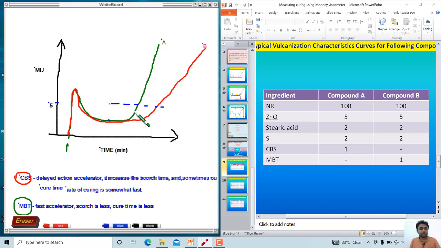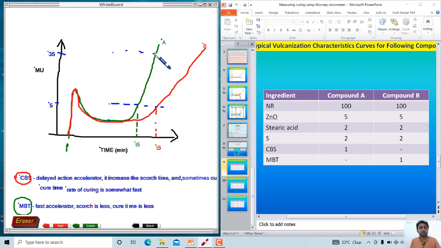Then you will see here the T5 for compound A and T5 for compound B. Then you can count another 30 units, maybe here, then it is 35 here.